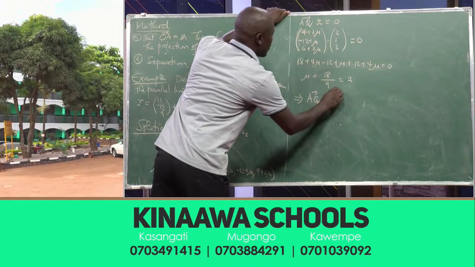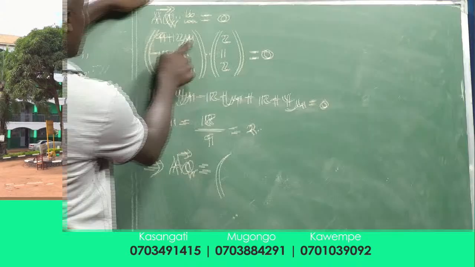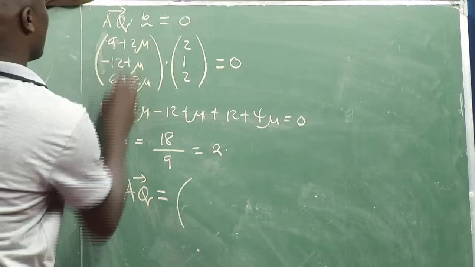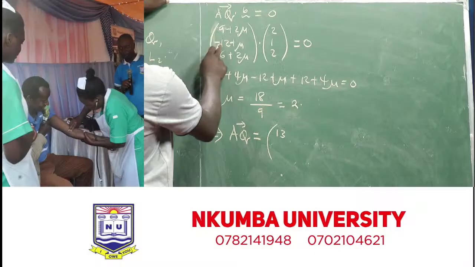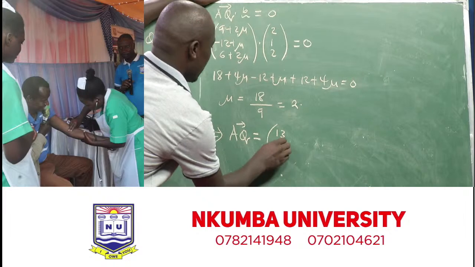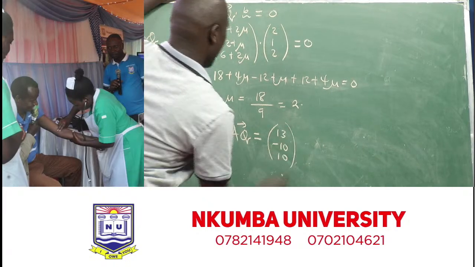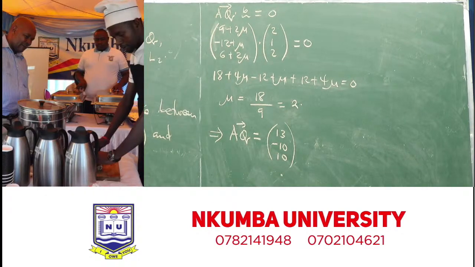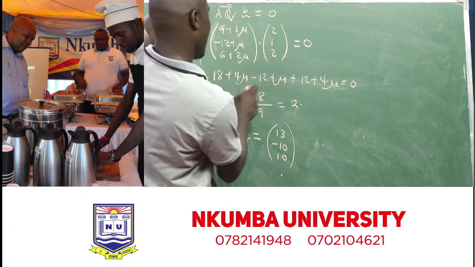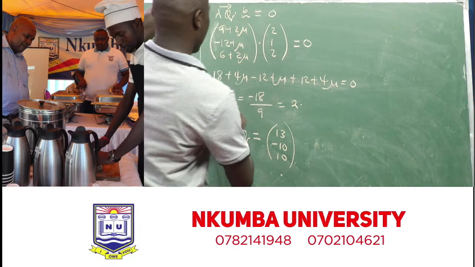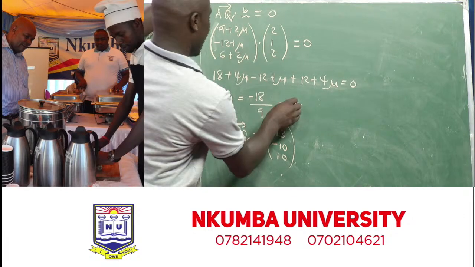So I have 9 plus 4, that is something like 13. 12 plus 2, that is negative 10. 6 plus 4, that is 10. Hope there are no mistakes there. Oh, this should be negative 2. When this goes the other side, it's negative 2.